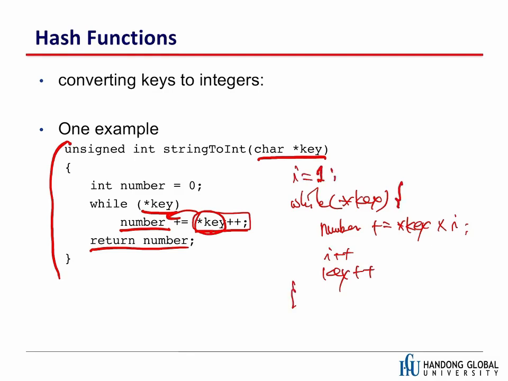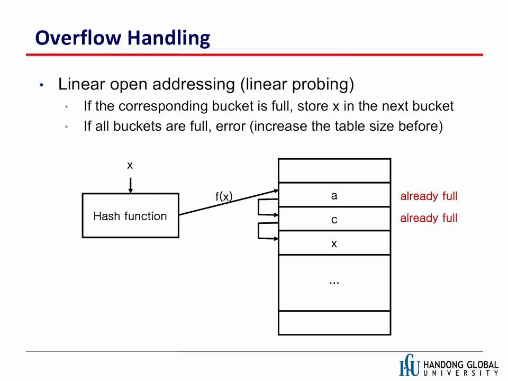Okay, this is possible. Or I can be I plus 10. Okay, so it's up to you. You have to think about how to make these keys, these integers, evenly distributed. Okay, that's the point.